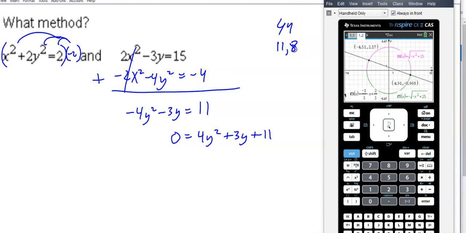No, 11 and 4, no. Let's try 2 and 22, 4 and 11. So this is really not an easy problem.